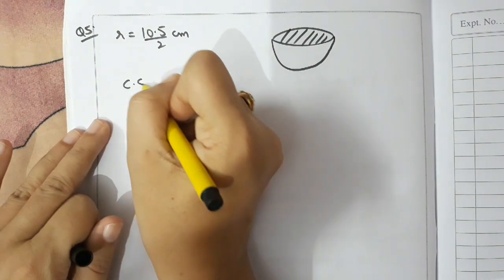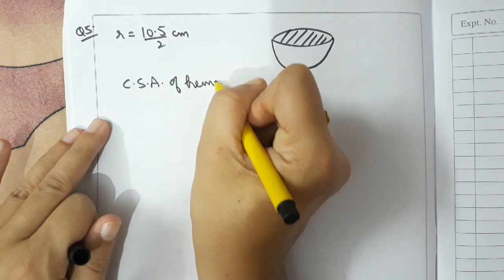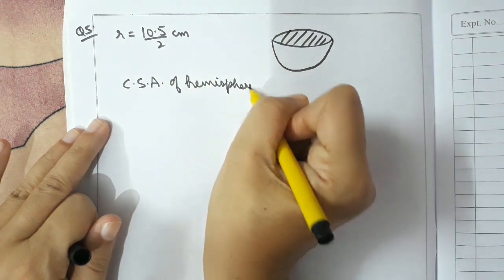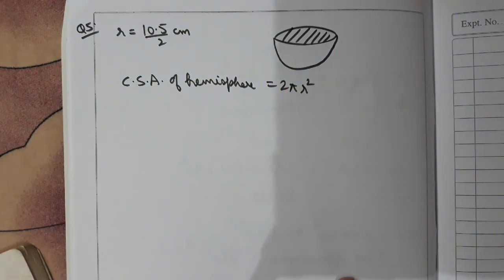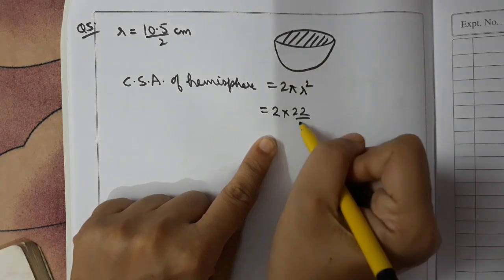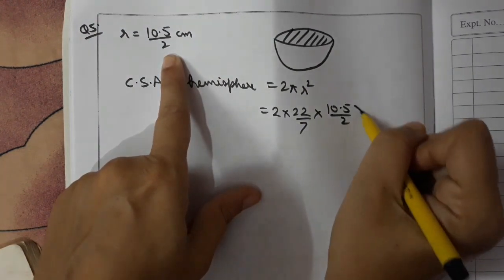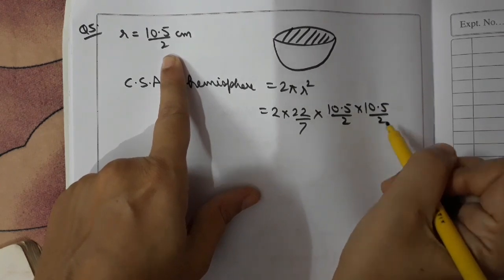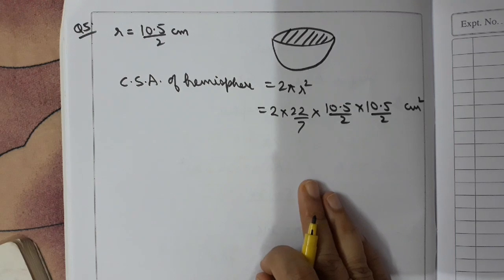So for this we find out the curved surface area of the hemisphere, which we know is 2 pi r square, and then we substitute the values. 2 into 22 by 7 into r we know is 10.5 by 2 into 10.5 by 2 centimeters square. This is the curved surface area of the hemisphere.